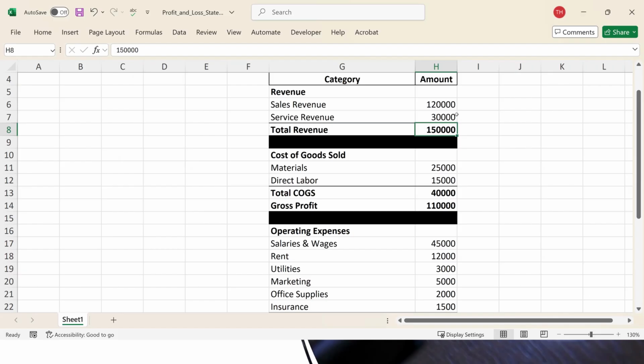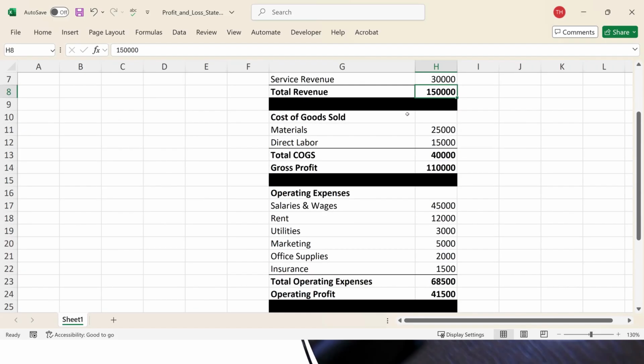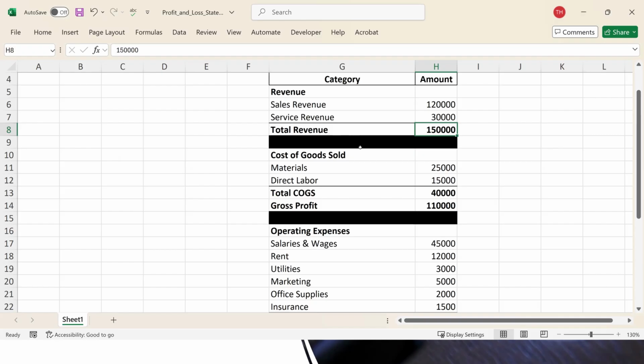Okay. The next area down here is what we call the direct expenses, or the cost of goods sold. They abbreviate that as COGS. This expense is everything to produce the product or service that you're selling. It can be tricky, but I'll give you some examples.